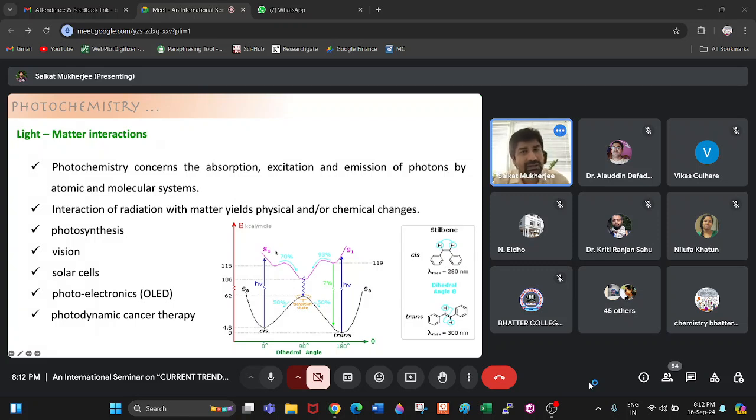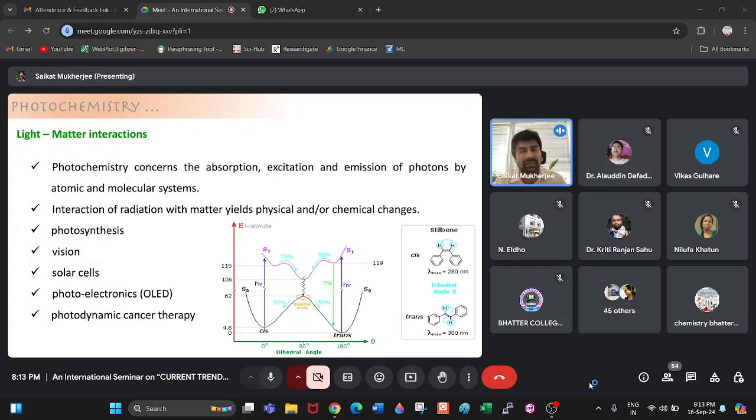And then this photo-excited sensitizer will come down to a triplet state. Triplet state is highly energetic and it reacts with oxygen present in your cells and produces reactive oxygen species. This reactive oxygen species actually reacts with your cancer cells and makes them die.